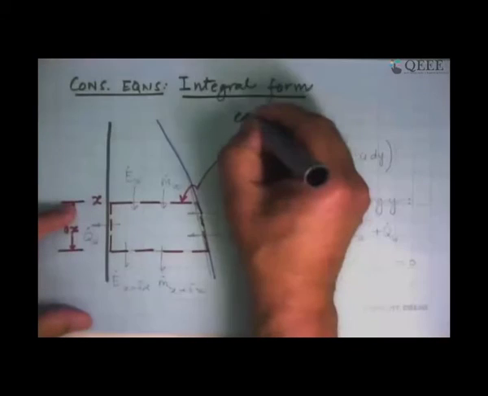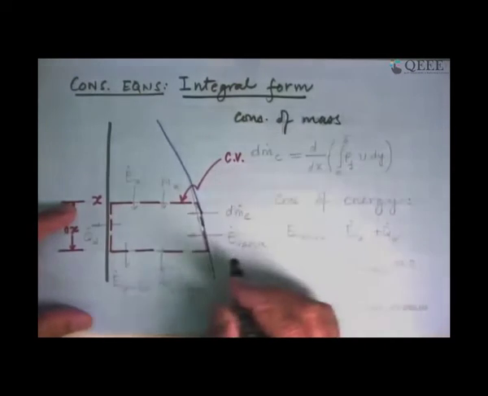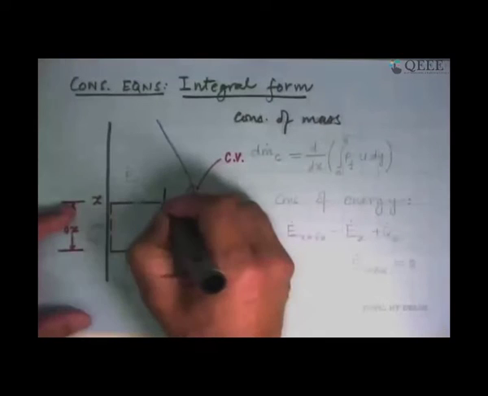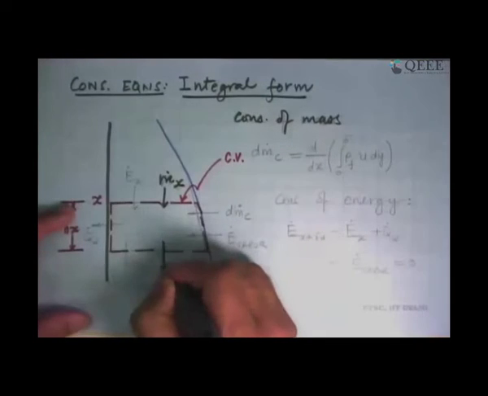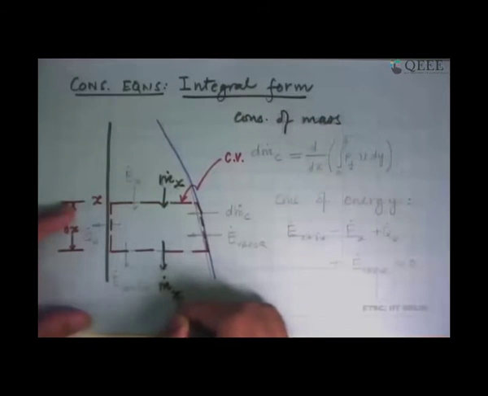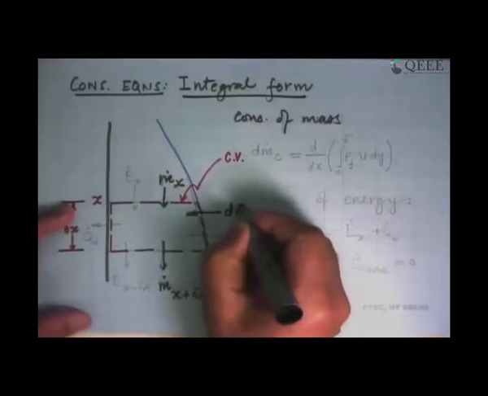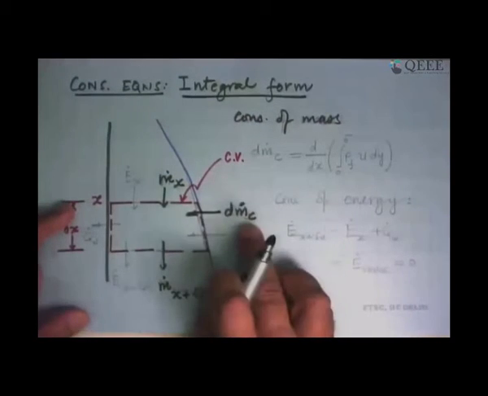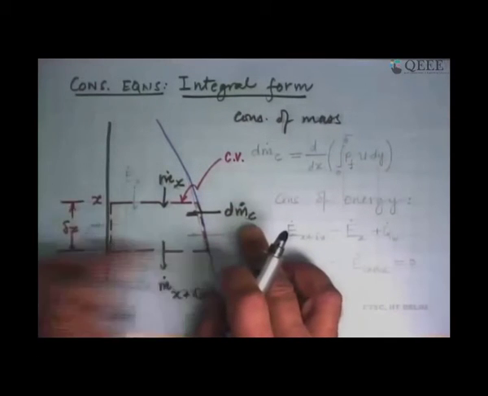So first is conservation of mass. And what is happening? From the upper surface there is mass flow rate going in. From the lower one there is mass flow rate coming out. And going into this is the condensation rate in this element, dm dot c. So this is the amount of liquid or vapor that got condensed and added mass to this control volume. So all three have to be equal.